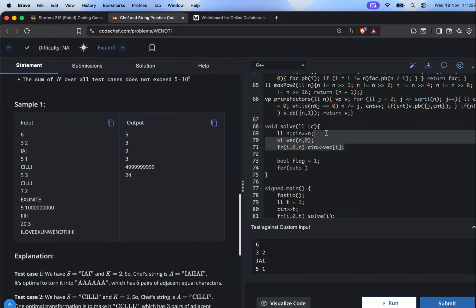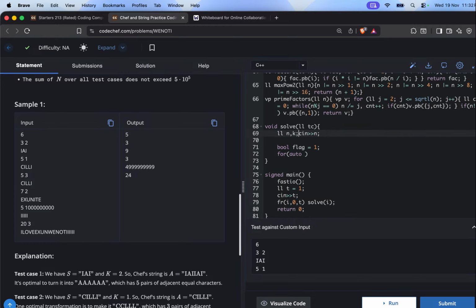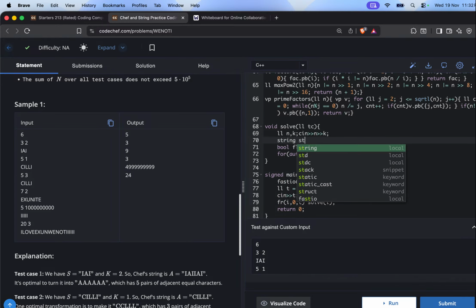We need to take n and k as input, then a string of size n.